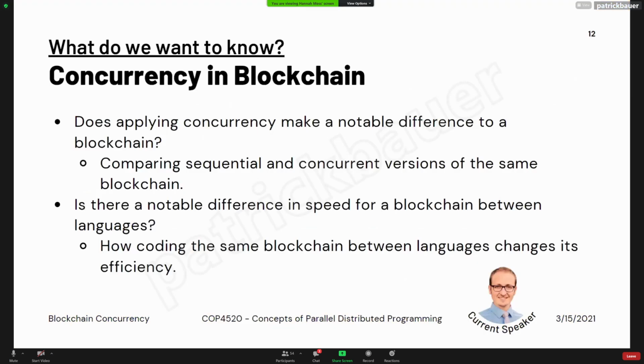So first and foremost, what is it that we want to know? Well, obviously, we want to know how concurrency affects a blockchain. This was kind of an interesting thing because most of us had varying degrees of experience with blockchain in general. I actually didn't have a very strong understanding of what a blockchain was.